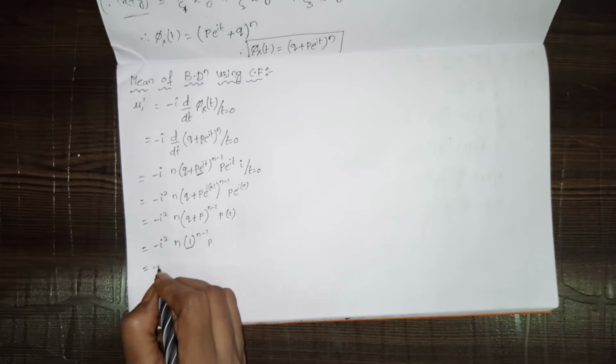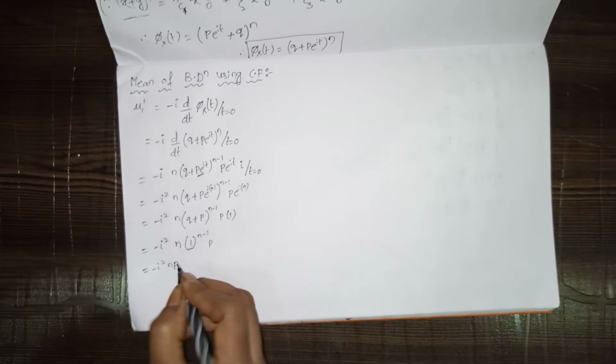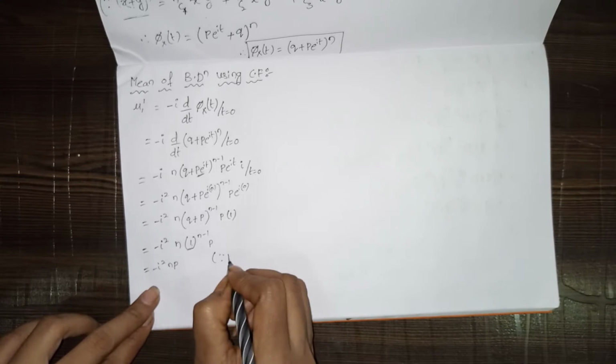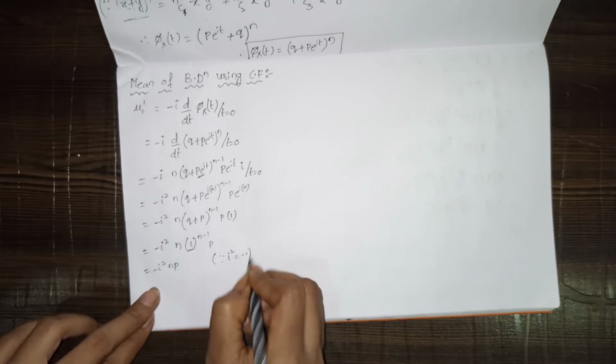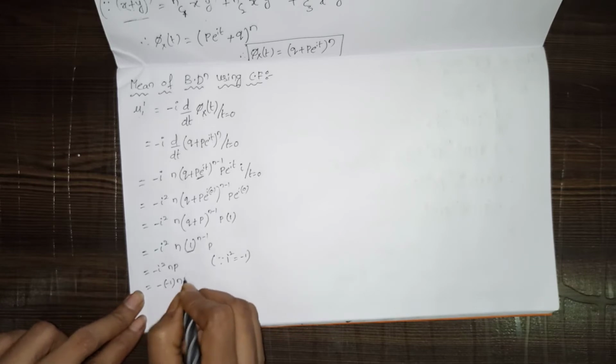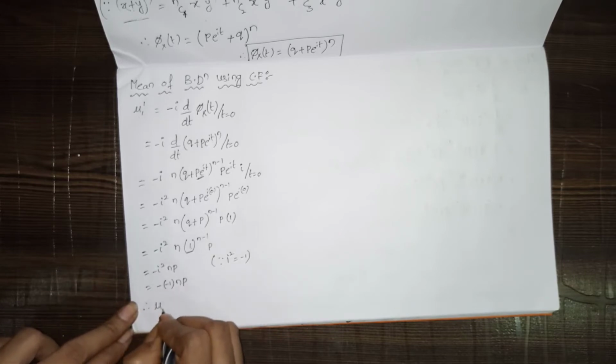So minus i square into np. We know that i square value is minus 1, so substituting, minus of minus 1 into np. Therefore mu1 dash equals np.